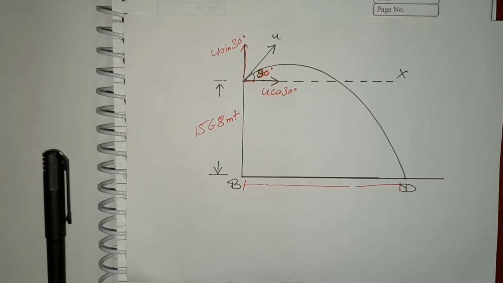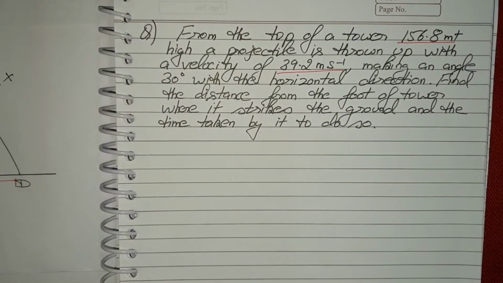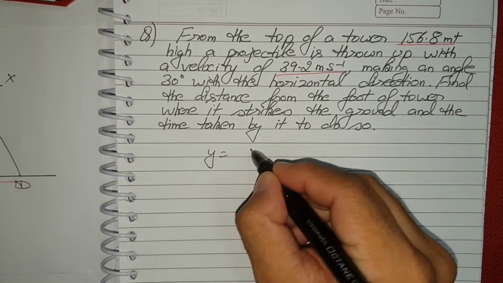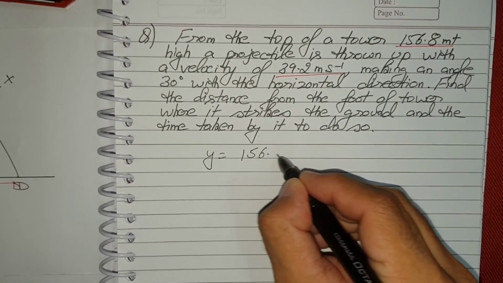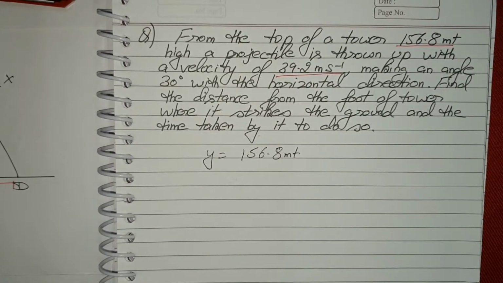Now see, first of all we have to take the vertical motion of that ball. For that vertical motion, what is y? Y is 156.8 meter. Now we have to find the vertical velocity also.